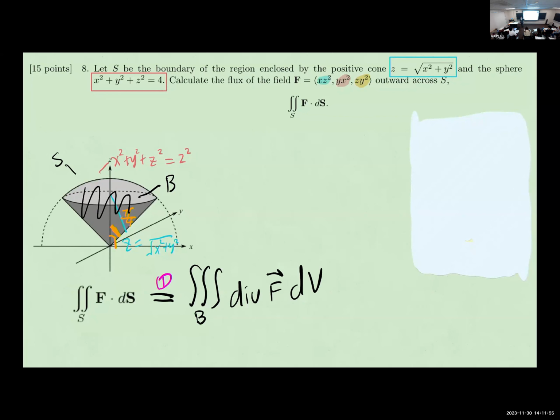We know divergence. We know triple integrals, right? We're very familiar with them because triple integrals are much easier to compute than surface integrals. So by this theorem, we can directly compute this triple integral instead of computing this more laborious surface integral. That's cool.